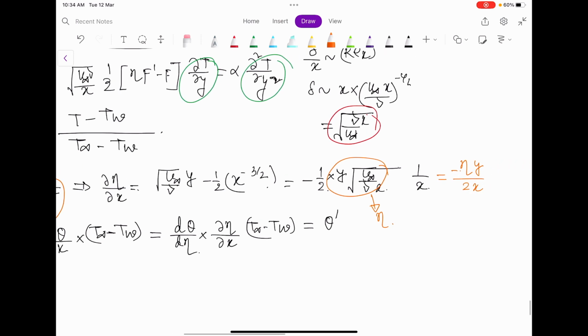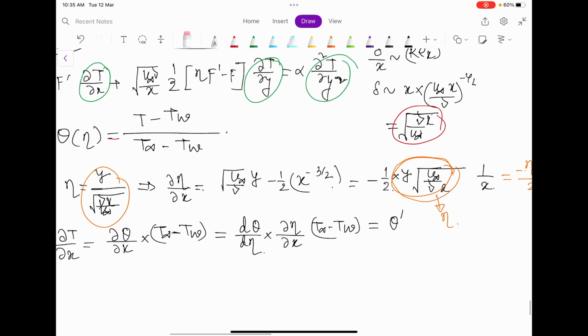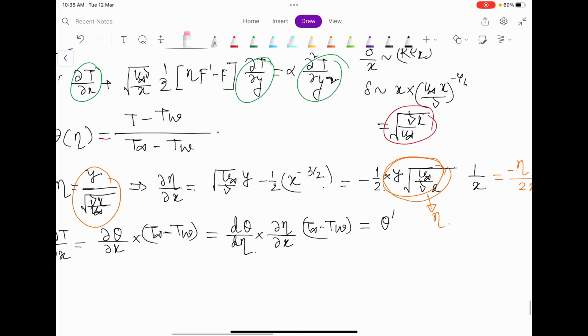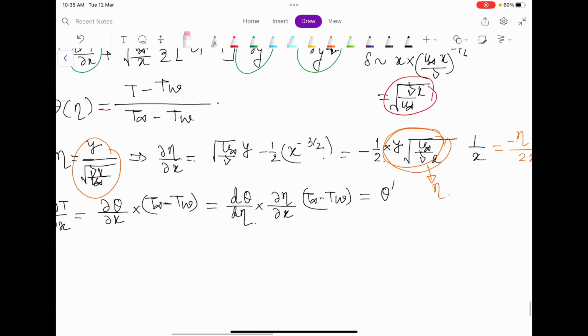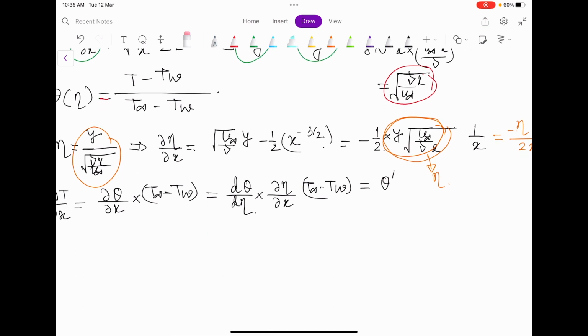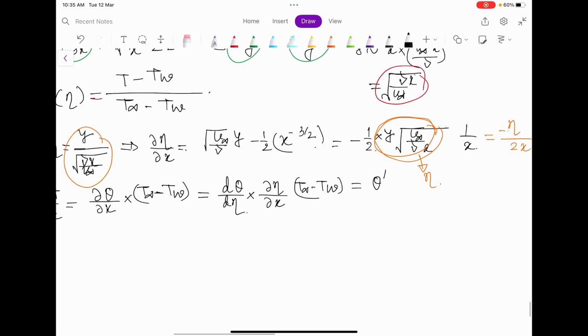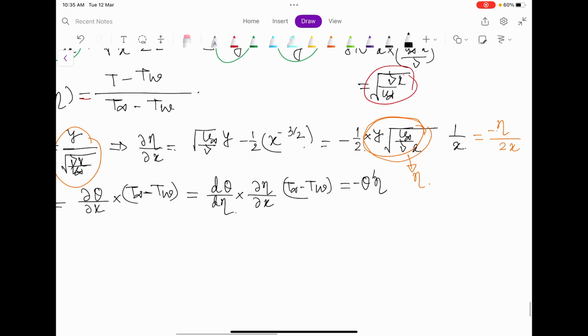There is no y because y is absorbed here. I have done these things a long time ago, I admit, but still I know what the form should be. So now del theta del eta del x is this. So this will be this into minus eta by 2x into T infinity minus T wall.